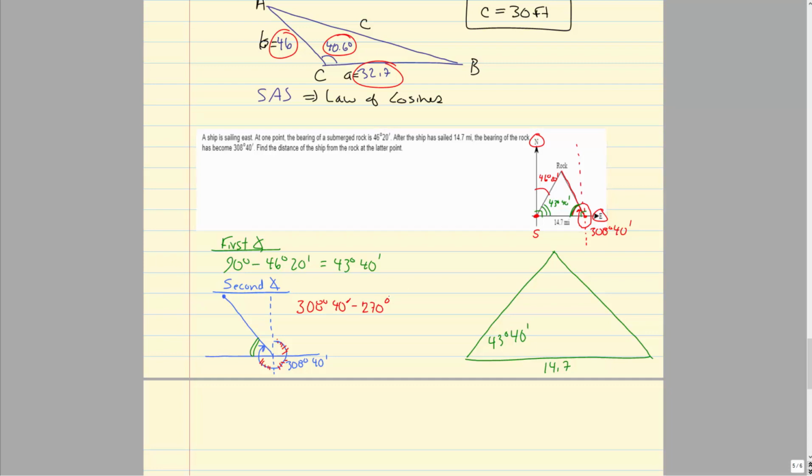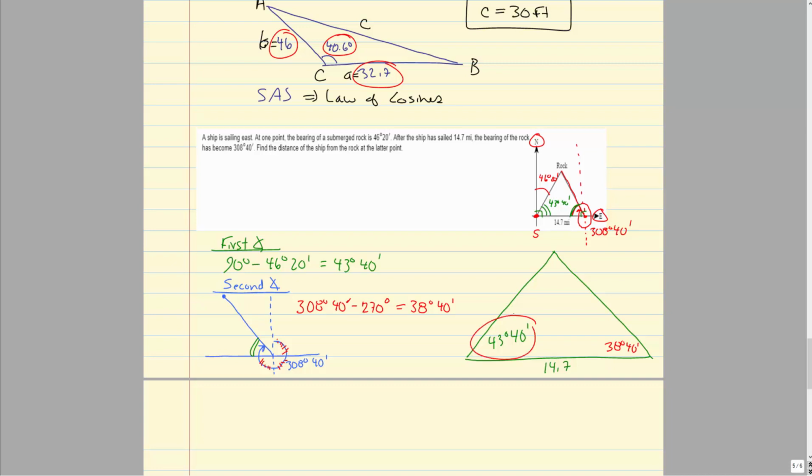Degrees, not minutes here. So I get 38 degrees 40 minutes. So this is equal to 38 degrees 40 minutes.